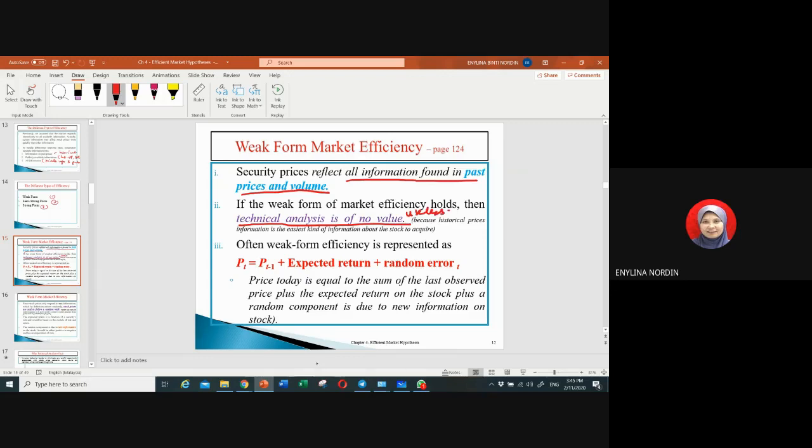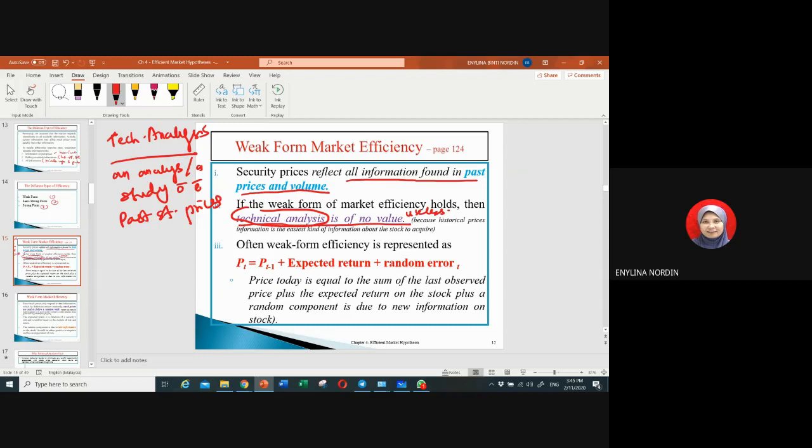That's why we need to understand the meaning of technical analysis. First thing first, you need to know the definition of technical analysis. Technical analysis is an analysis, or a study, of the past stock prices.